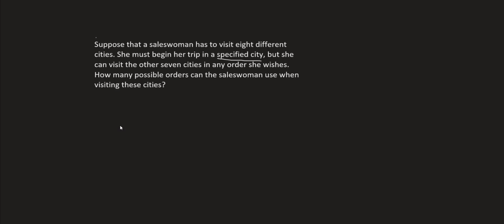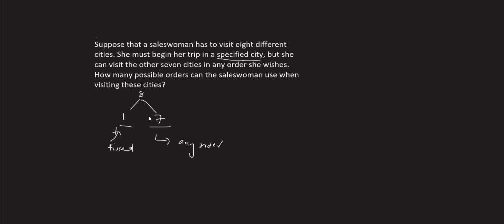So out of the 8 cities, let's say this is one city that's fixed, and the second part is the other 7 cities. So in total, these are 8 cities. Here, she can choose any order. She can arbitrarily fix any order and then proceed forward.